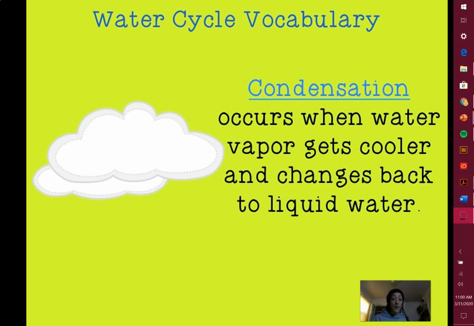So as that water vapor starts to rise, that gas starts to rise, it cools off and it's slowly starting to turn back into liquid. Okay, and those water droplets, as it's turning back into liquid, are what we see as clouds in the air. Right, so condensation forms clouds.